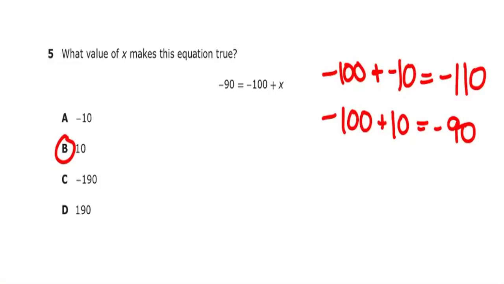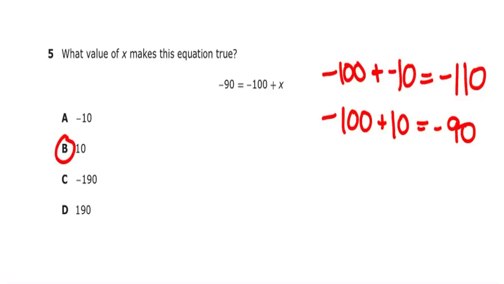So you kind of have to keep that chart in your head that I went over in problem number 1, with knowing the furthest negative number, 0, and then the furthest positive number. So when we plug in negative 100 plus 10, that gives us negative 90. And you might wonder how. Think of it like this.